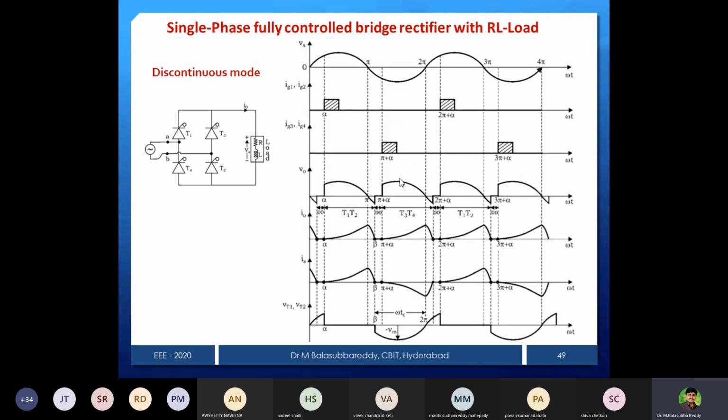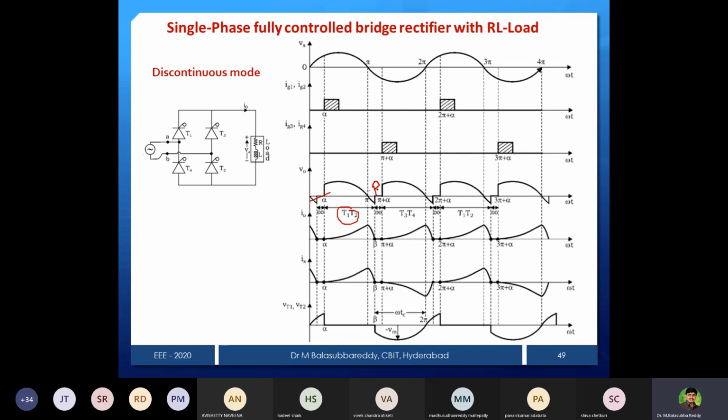Now the same thing I have drawn here: the current waveform and the voltage waveform. In the waveform I started at alpha, then T1, T2 will conduct as usual, and continue to conduct up to beta.